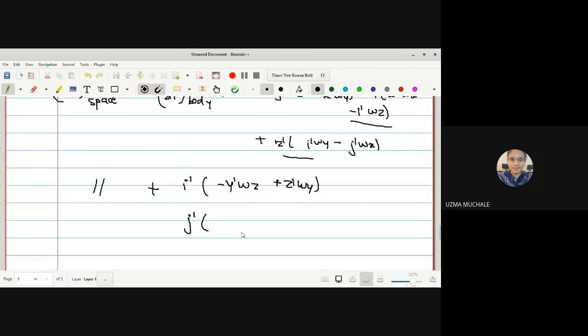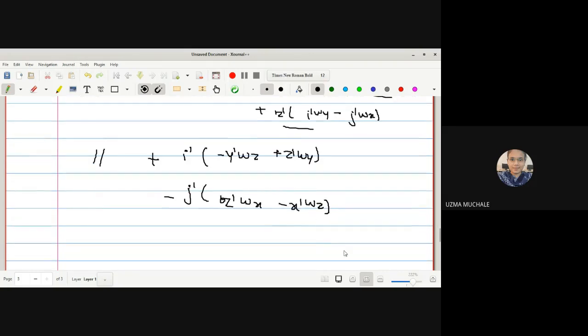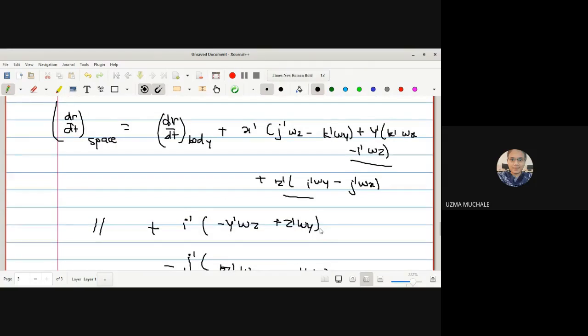If I take k' common, what remains within the bracket is wx y' minus x' wy. You have to do the calculation for that. How to find this? First collect the terms with i', collect the terms with j', collect the terms with k', and write it.